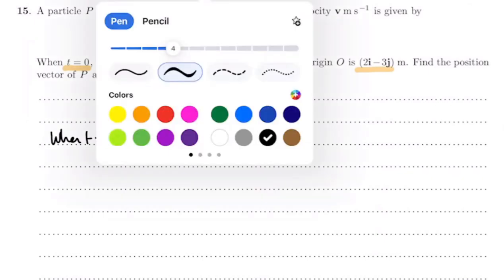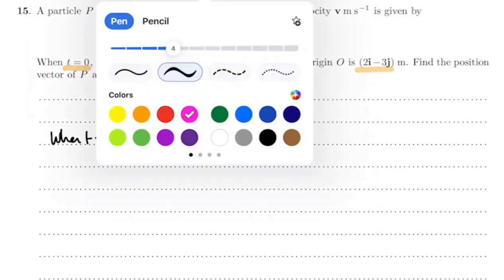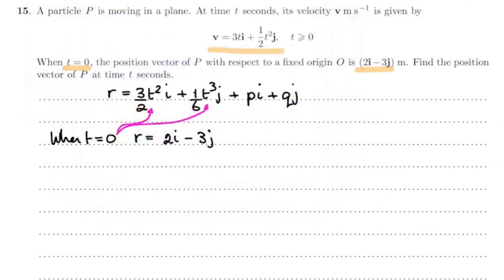Right, now we're told when t equals 0, r is 2i minus 3j. So remember what we're going to do there. When t is 0, we're going to put 0 in here. Therefore the left hand side is 2i minus 3j. If we substitute t equals 0, we're just left with pi plus qj.